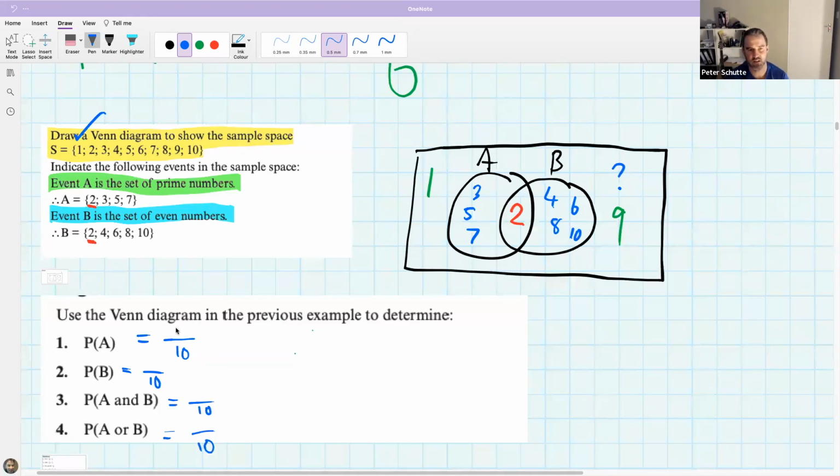So the question really is about the topics here. How many items are there in A? Well, there are 4. So, or you could say 40% chance of being in A.